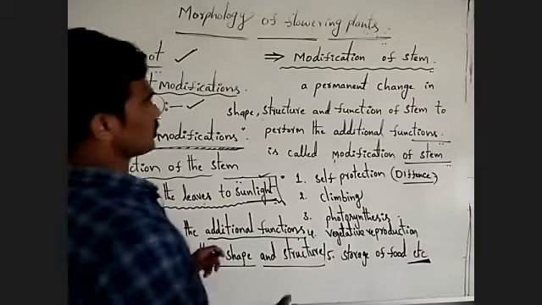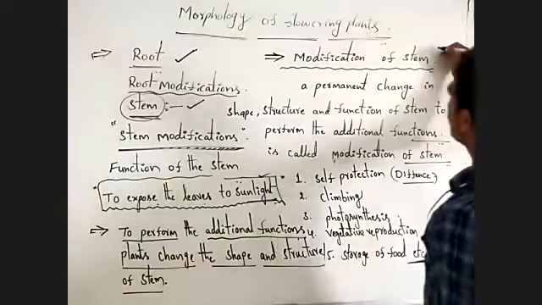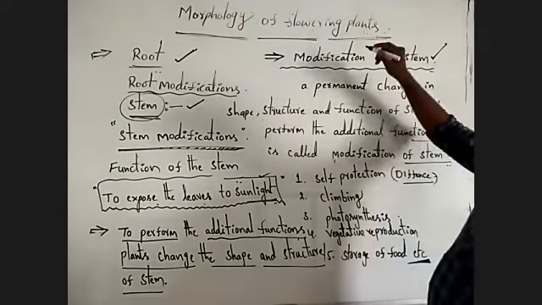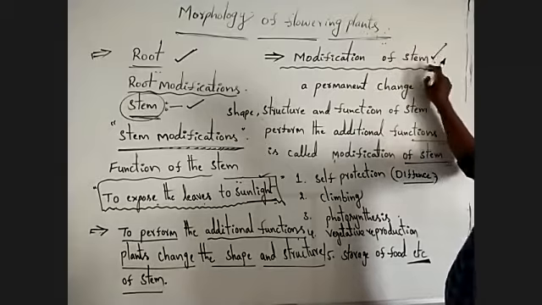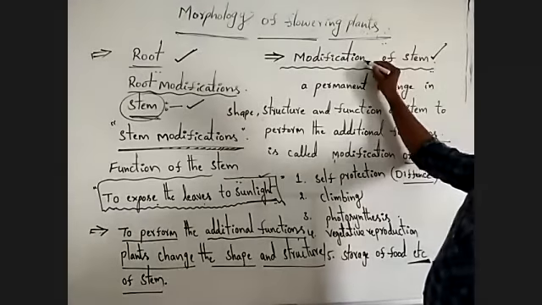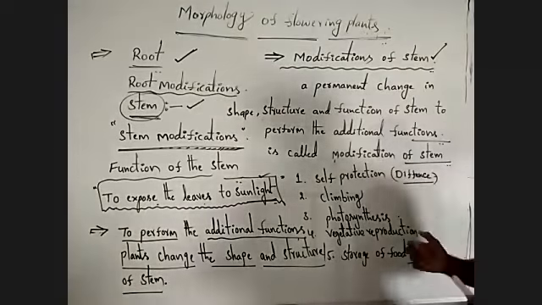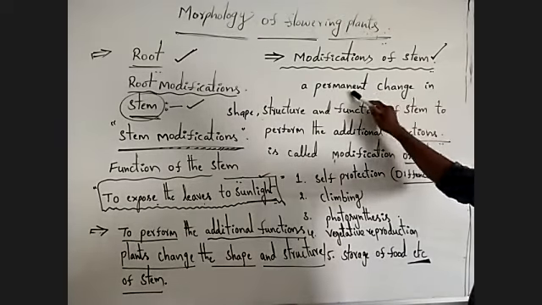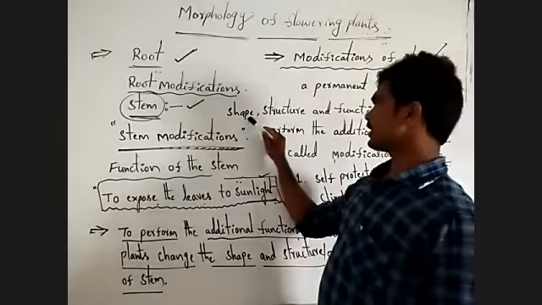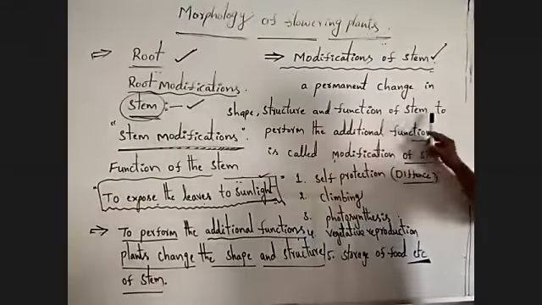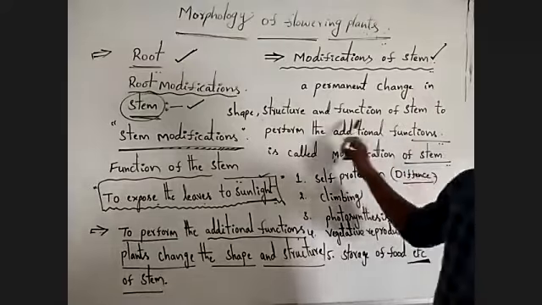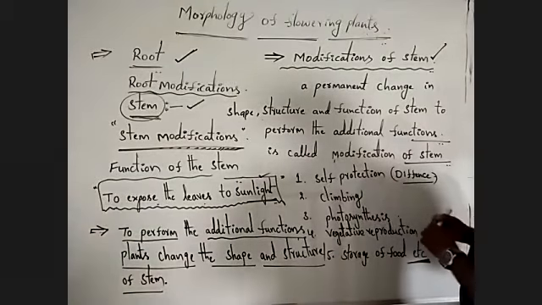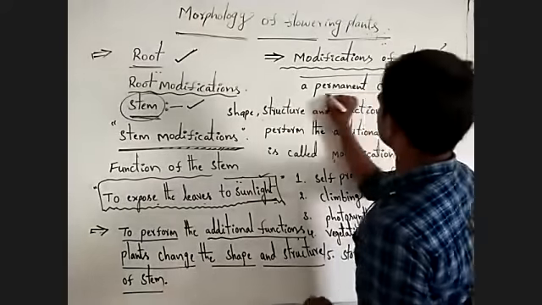Next, how can we define the stem modification? Modifications of stem are permanent changes in shape, structure and function of the stem to perform the additional function.